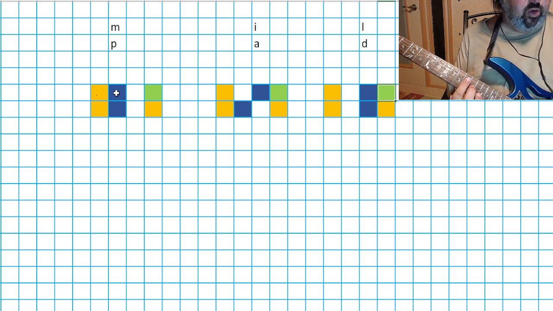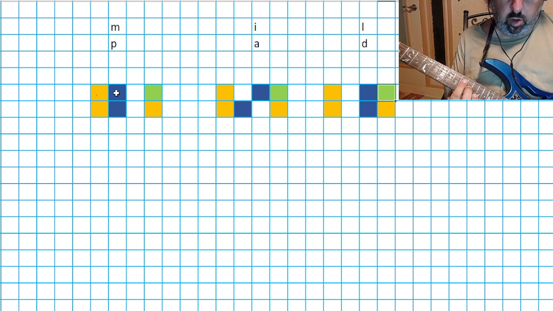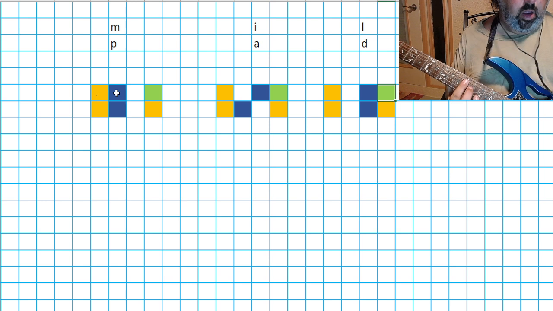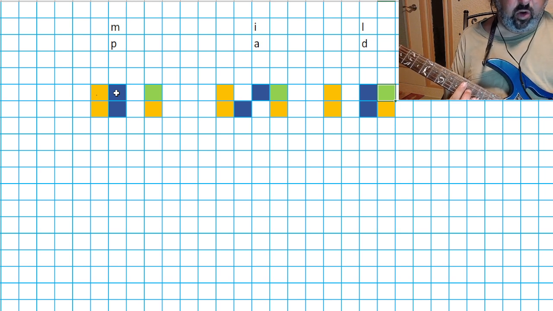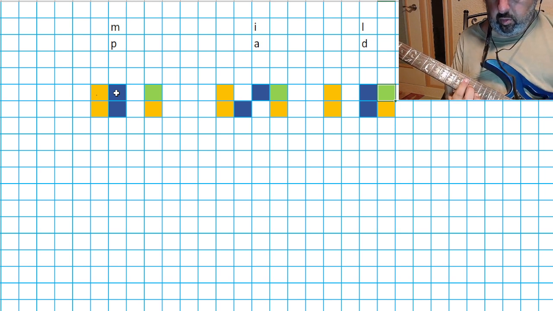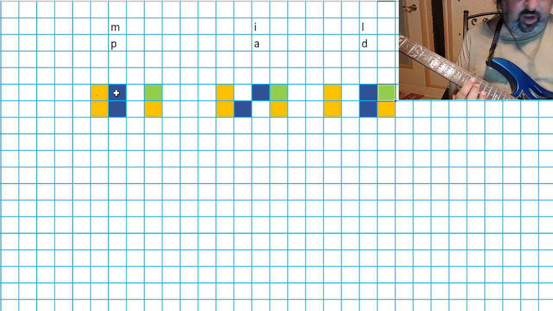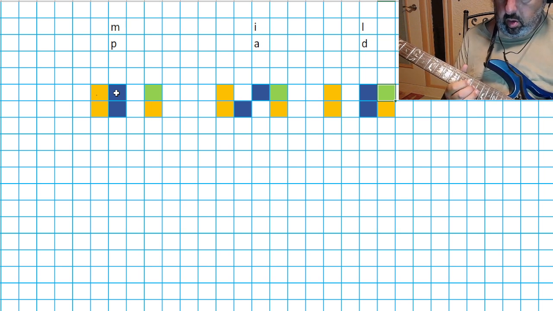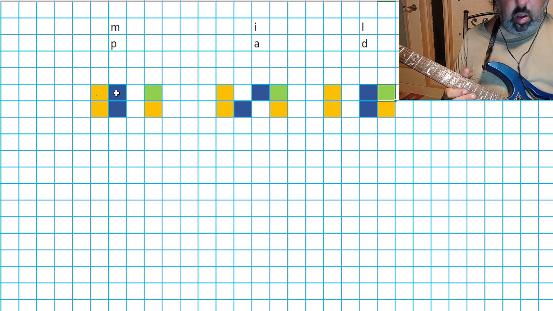Kind of sounds like a train horn, doesn't it? Would make sense if they're using a dominant chord on a train. Dominant machine, right? You hear I played a note outside the scale there by accident.